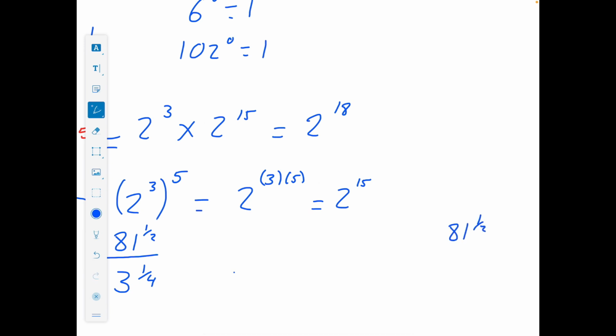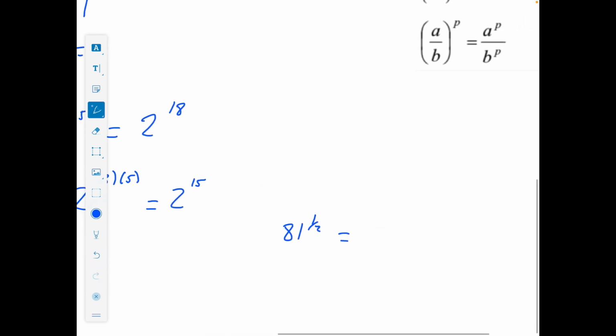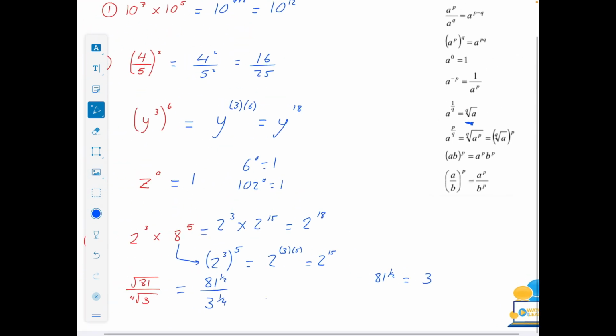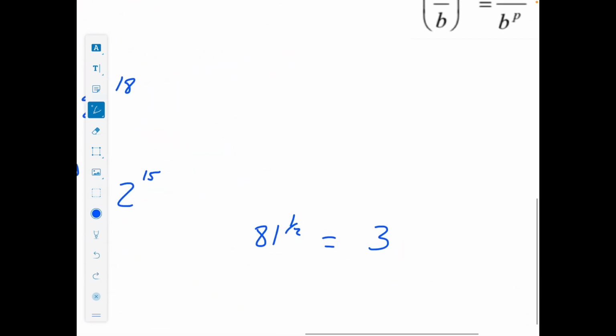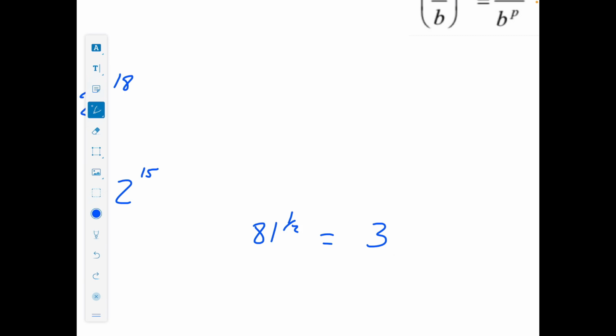I'm going to do a little bit of rough work over here. So I have 81 to the power of a half. I want to turn that 81 into 3 to the power of something. How do I know 3? I know my bottom base is 3, so that looks like our likely number. Play around with your calculator, you'll find out that 3 to the power of 4 is 81.